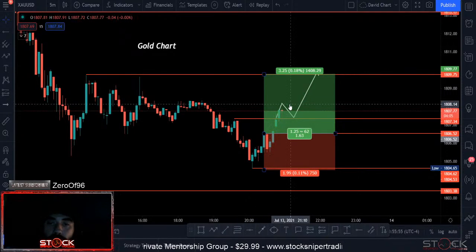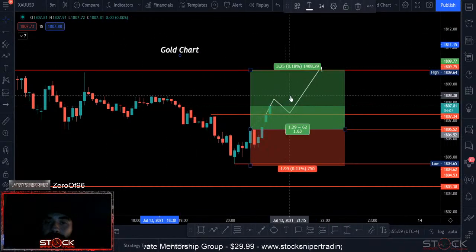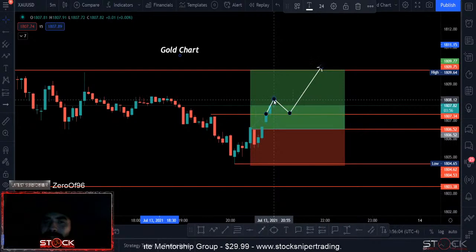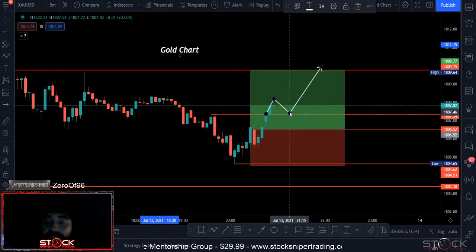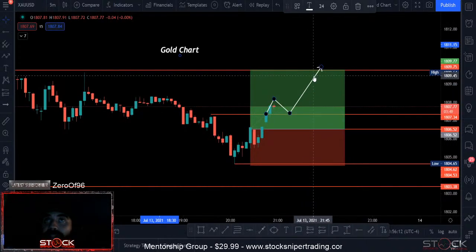So what we're going to look to do is potentially come up here to roughly the 1808 area for a potential retest like we already have drawn out. If it retests and confirms that this is going to be a buy, not just a head fake, we'll see if we're going to make our way up and confirm the higher highs and higher lows trend.